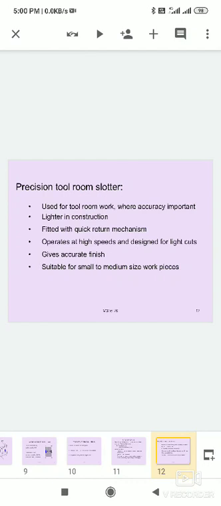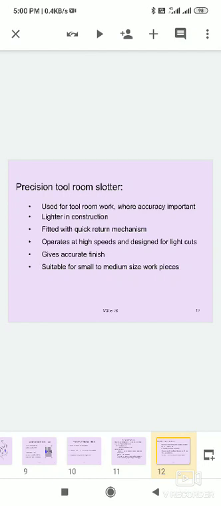Next topic is the precision slotter. These types of slotters are light in construction. It is used for tool room work, where accuracy is important, and lighter in construction because a small amount of material is removed by the cutting action; accuracy is very important.